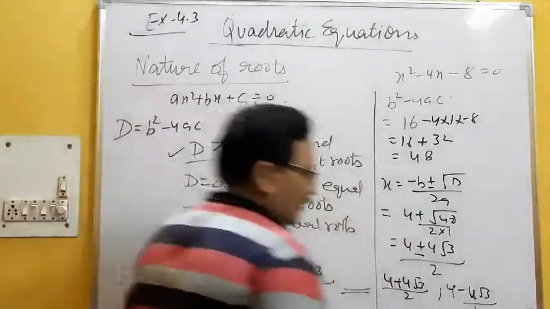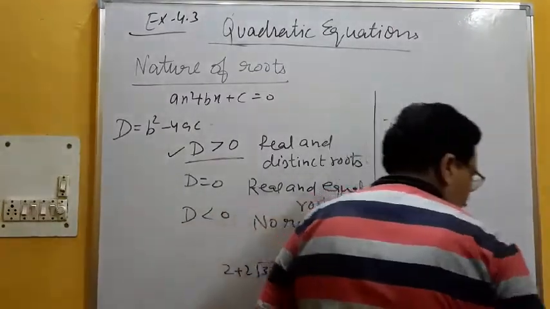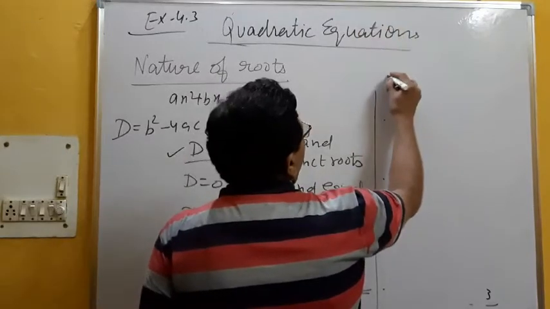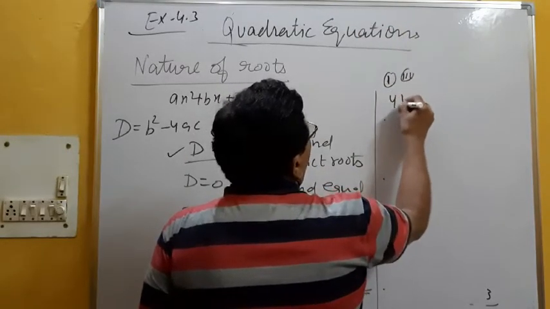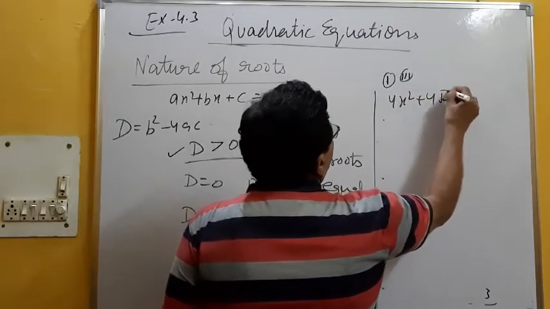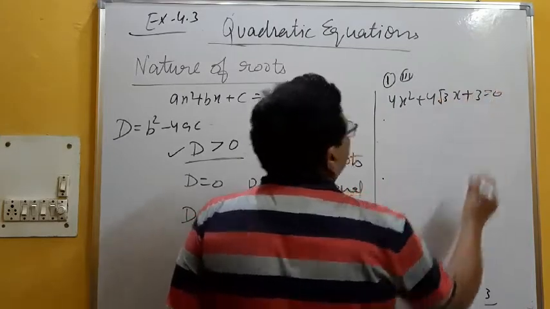So now another example I am taking. If you remember, this first question we have solved in the second exercise, first question, third part: 4x square plus 4 root 3x plus 3 equal to 0.